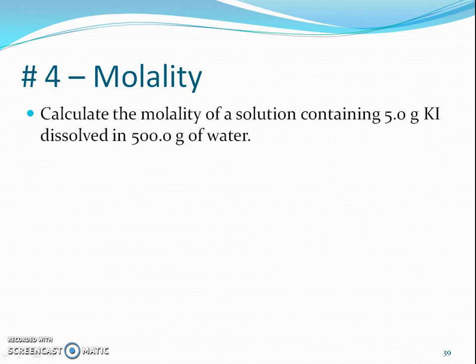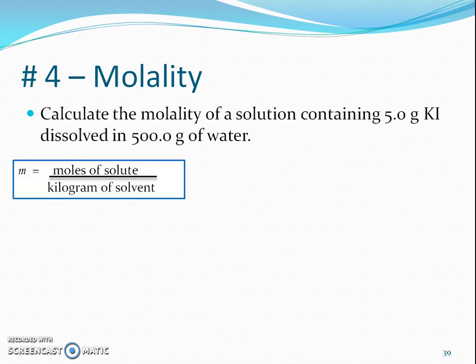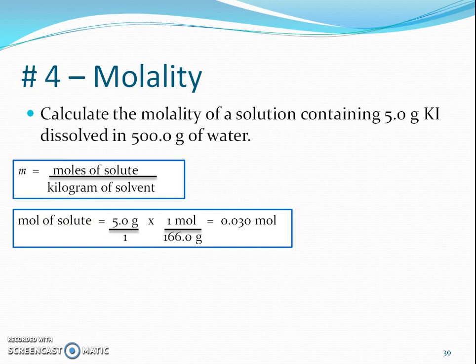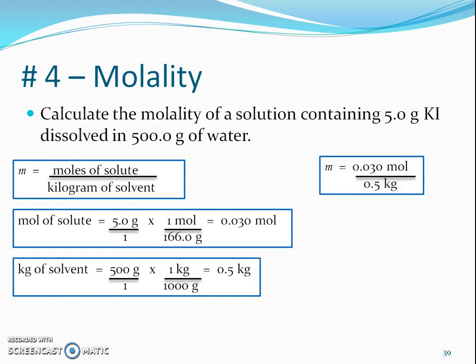Now remember what those units are and what you're solving for. And there you go, 0.060. Again, two sig figs because of the 5.0. Okay, see you in class, and we'll work on more practice problems in your book.